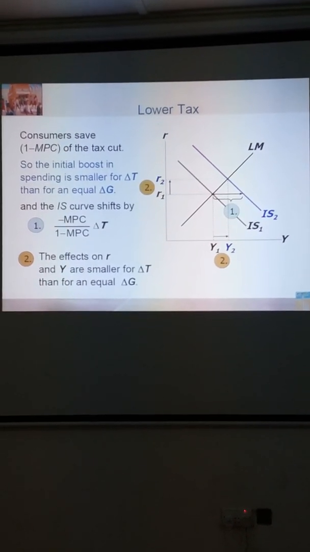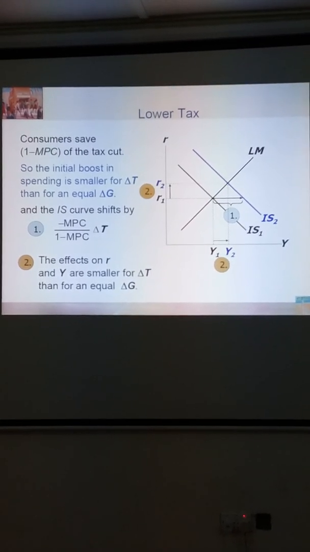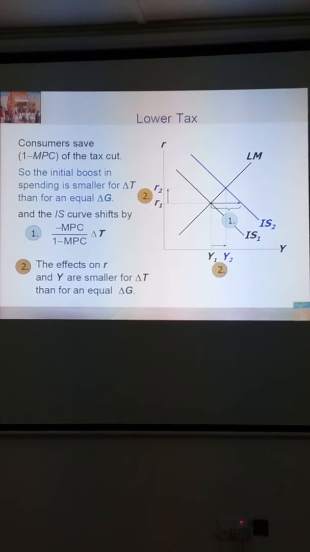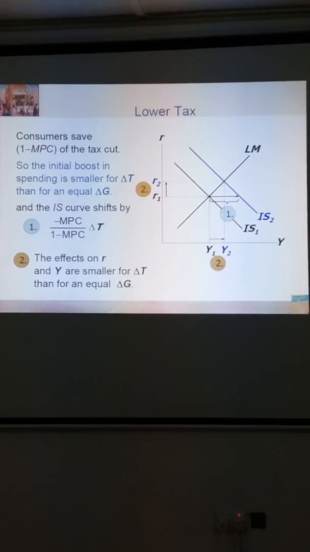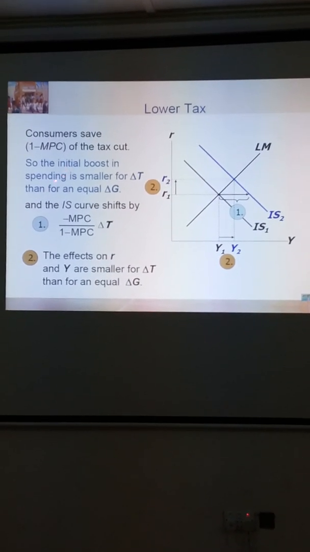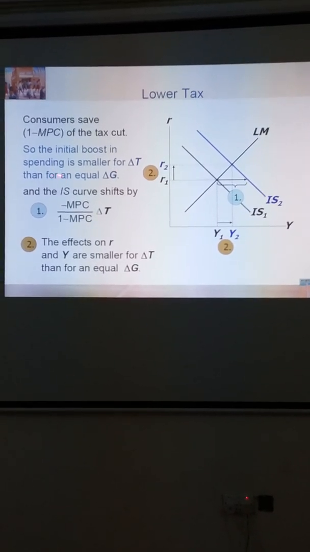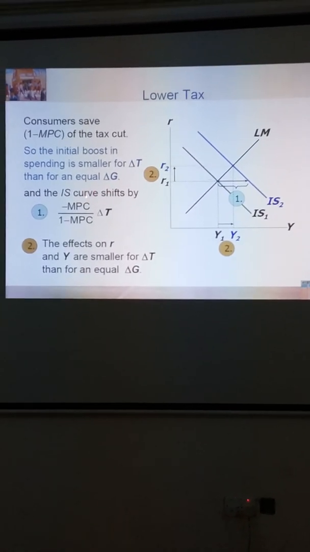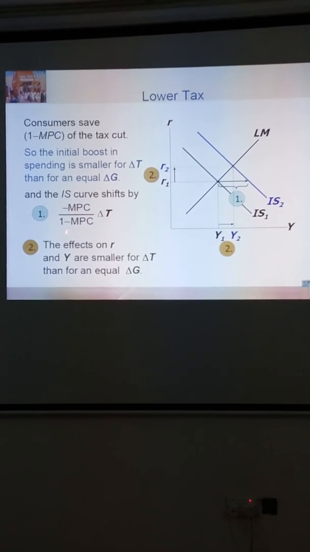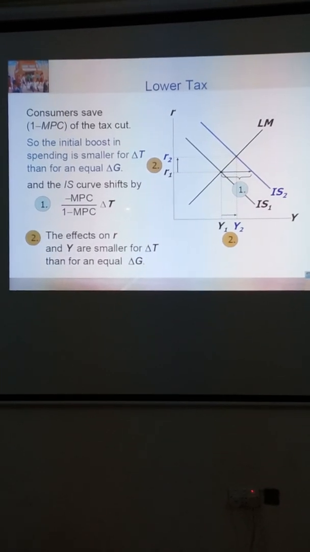Let's look at lower tax. When there is a cut in tax, consumers save part of the reduction in tax, depending on the marginal propensity to save, which is 1 minus the marginal propensity to consume. So the initial boost in spending is smaller for a change in tax than for an equal change in G. With the tax cut, the IS curve shifts by the tax multiplier multiplied by the cut in tax, or change in tax.